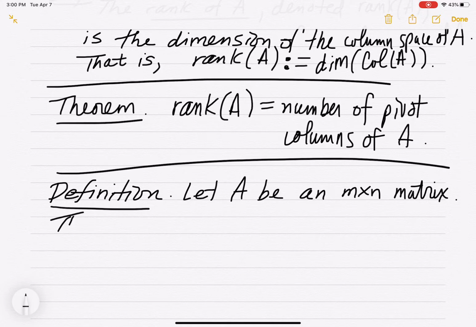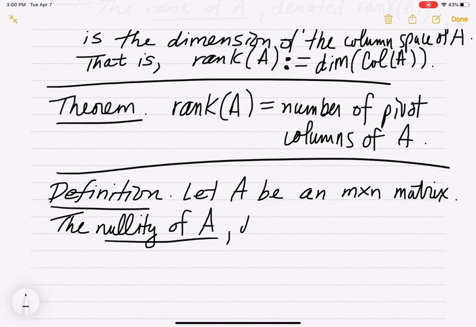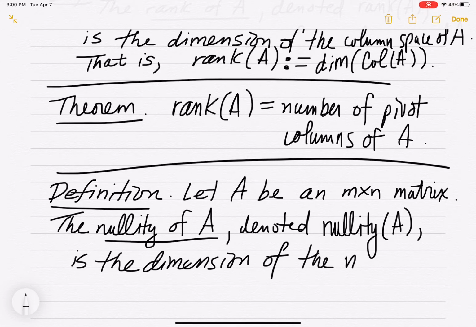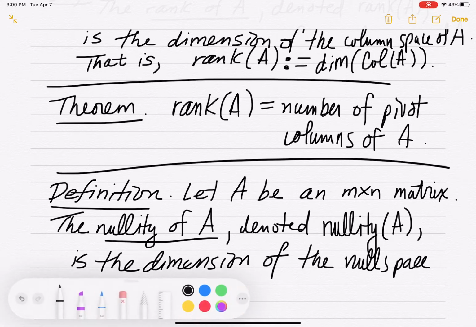The nullity of A, that's denoted nullity, parentheses of A. That's the dimension of the null space of A.